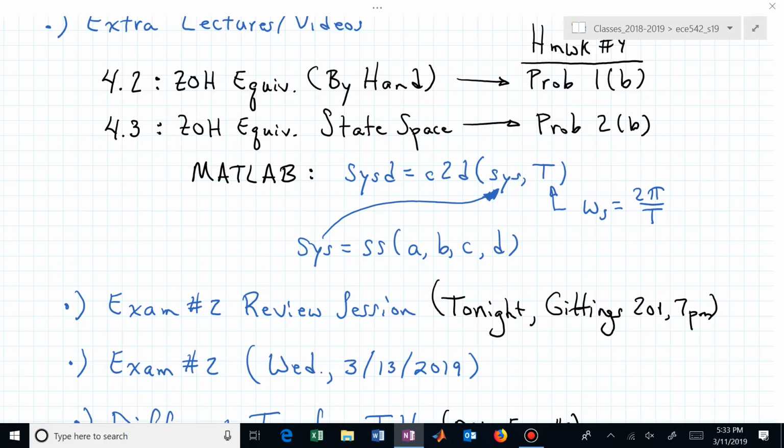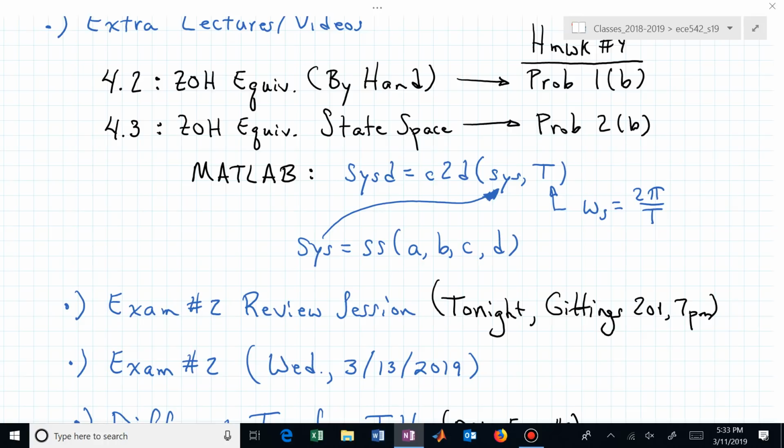You would need to determine what your sampling period is, capital T, which is probably given to you, but that's based on omega sub s is 2 pi over capital T. Some of you are starting to stress a little bit with this 30 times the fastest frequency.